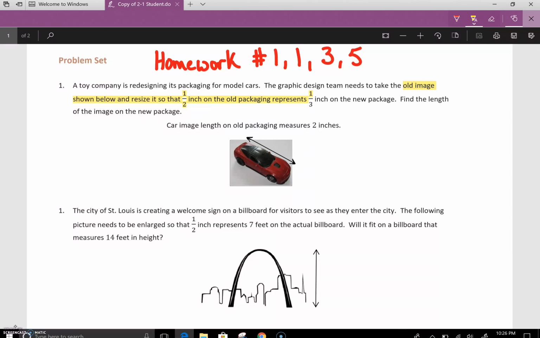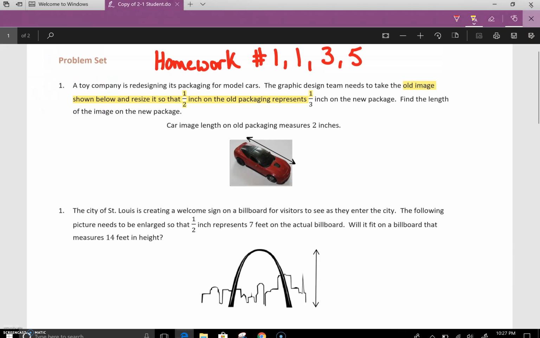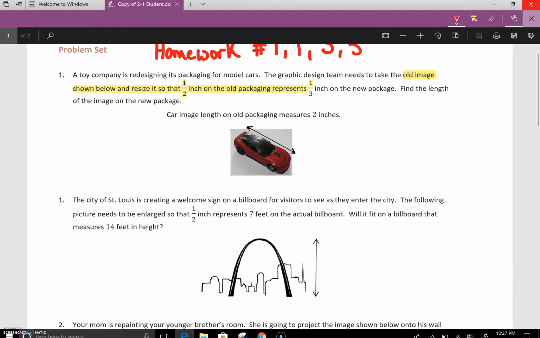So the strategy for this is going to be to set up a table. So what I write, you guys are going to write, and if you need extra paper, that's okay. So we have an old package, and we have a new package. If we look at this car, they have told us in the story problem that this is the old package.